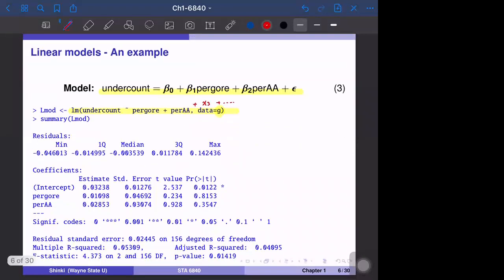Then this is the output of this lm function. At first, we name it as lmod. Then we typed summary of lmod. Then this output appears. And basically beta naught, beta 1, beta 2 appear here. Of course, this is estimated by these 159 observations. So we don't really know the true beta naught, beta 1, beta 2, but these are estimates of beta naught, beta 1, and beta 2.